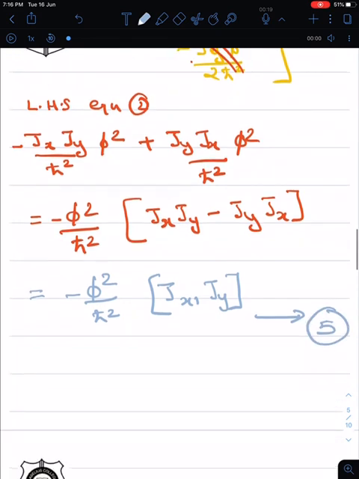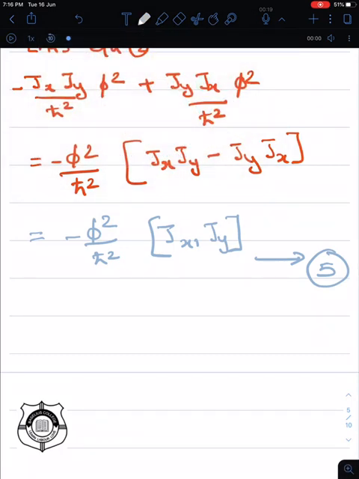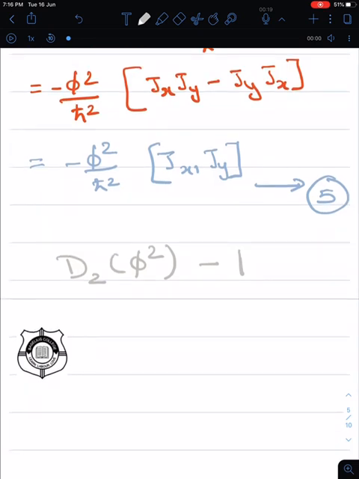Now talking about the right hand side. Just remember, it is dz phi square minus 1. Always reminding you, we take only till the second order. So we have dz phi square, just replace phi by phi square. Now in this equation you have 1 minus i by h cross jz phi square.